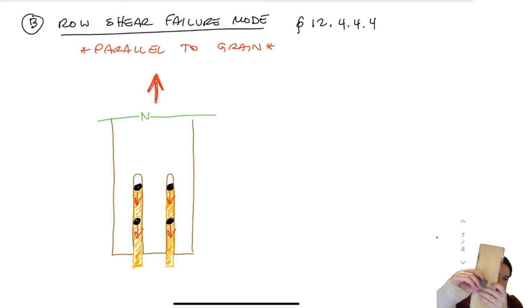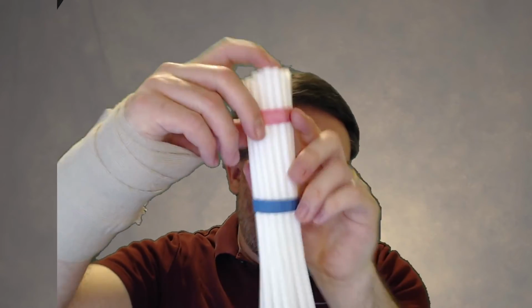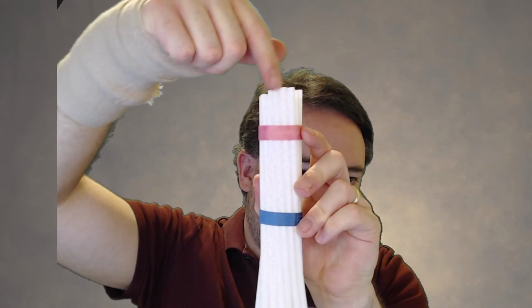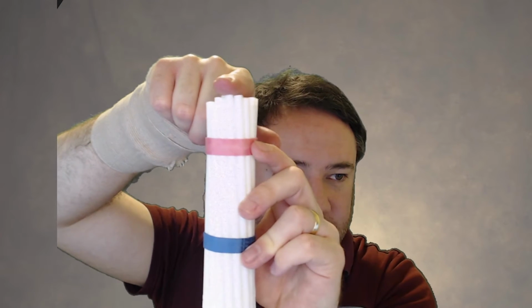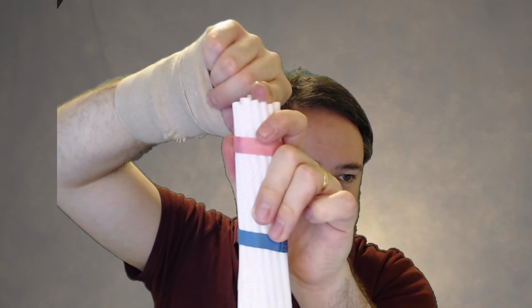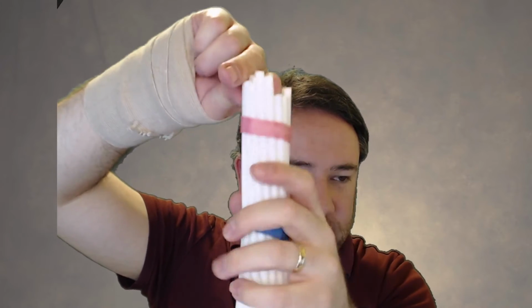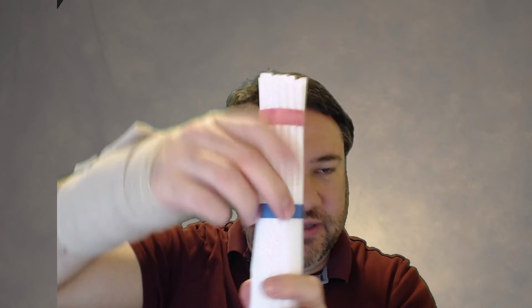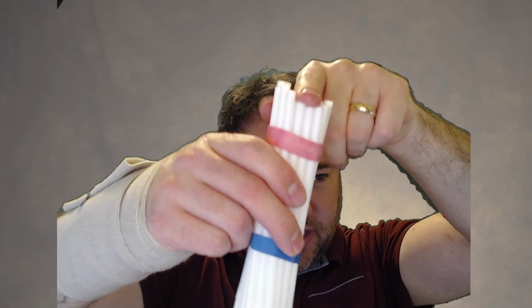Another way is that since I have a bunch of weak shear planes running in the parallel to grain direction, because all the fibers of my piece of wood are only connected by ligament. So let's say that I had a piece of wood like this. If I want to push down with the bolt, like let's say my finger is a bolt here, what can happen is I'm failing in shear the connection between the fibers.